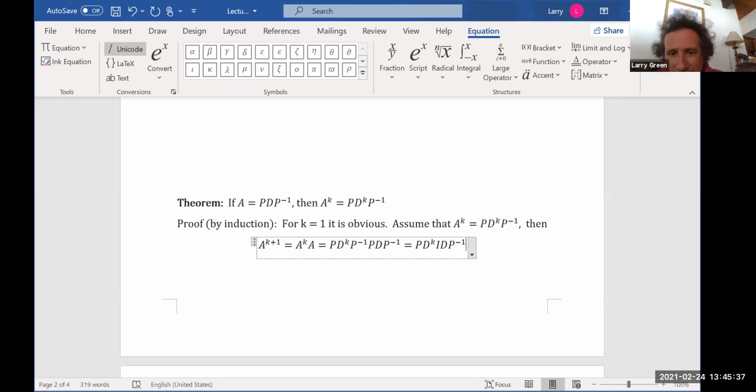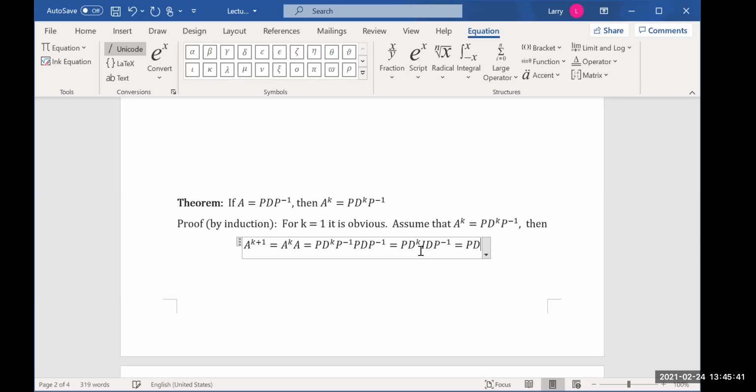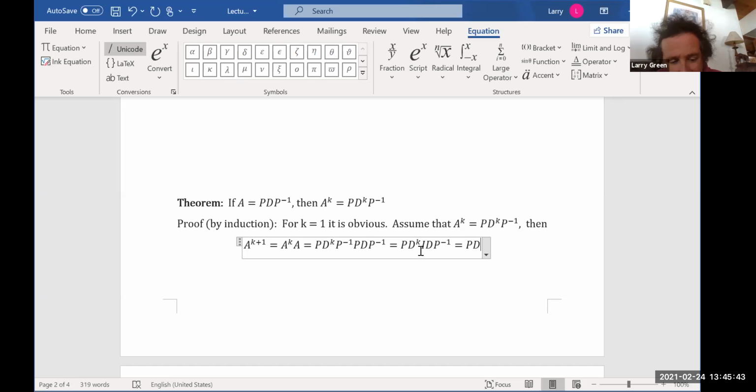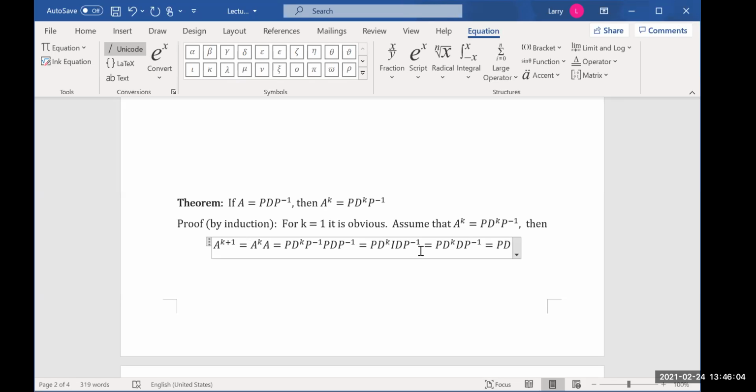What's ID? It's just D. Yeah, so P D to the K times D P inverse. But what's D to the K times D? That's D to the K plus 1. Yep, D to the K plus 1.